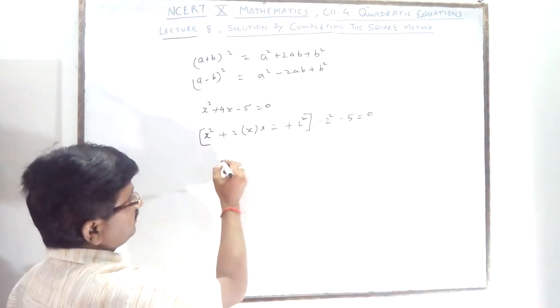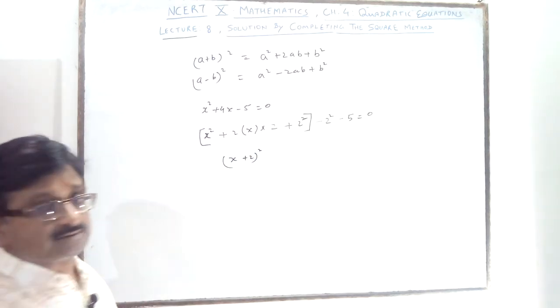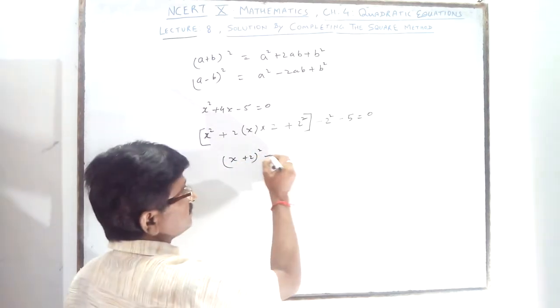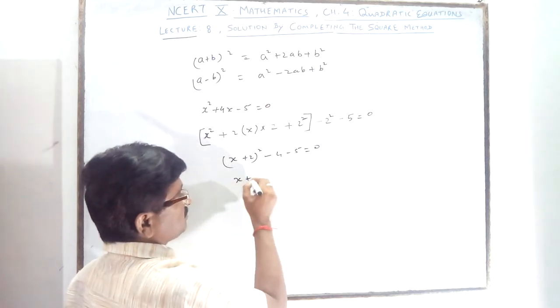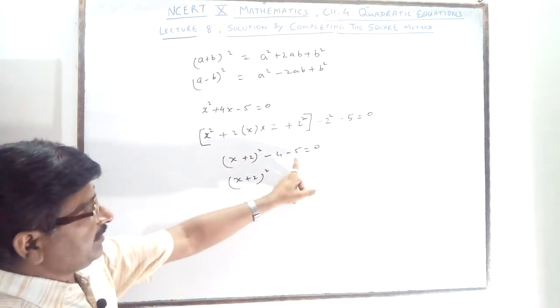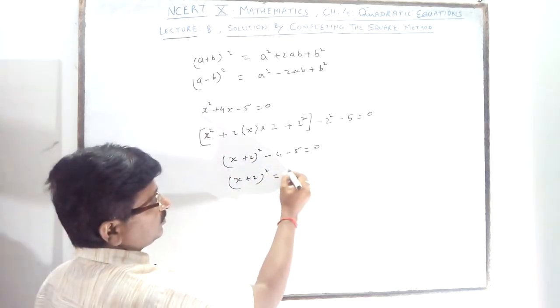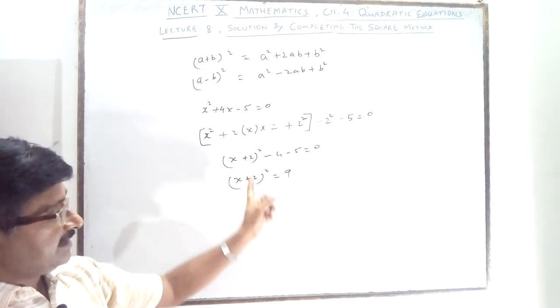What will you get? It is (x plus 2) whole square minus 4 minus 5 equals 0. You are applying (a plus b) whole square. Then 4 and 5 make 9, and 9 goes to this side. So (x plus 2) whole square equals 9.